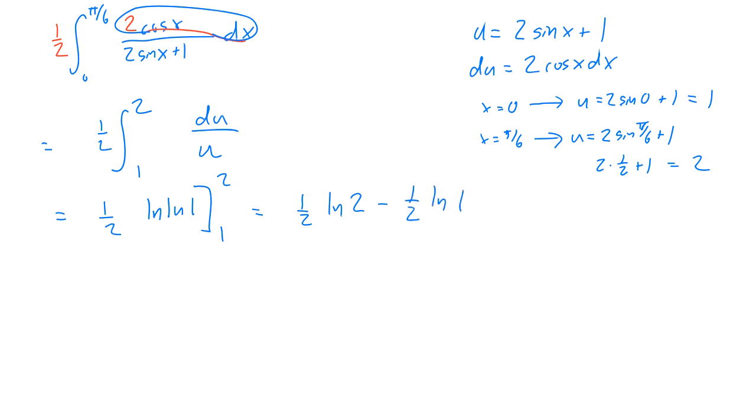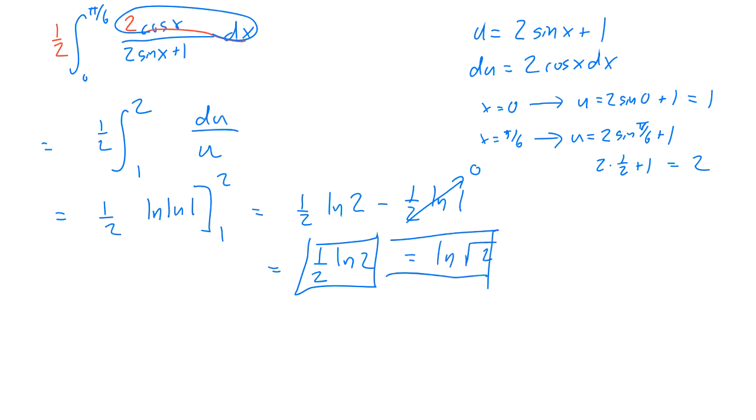Now, natural log of 1 is 0. So we can write this as 1/2 natural log of 2. If we wanted to fancy up the answer, we could write it as natural log of square root of 2. Same thing. I don't know which way the answer is written. Does that help, Akshnur?